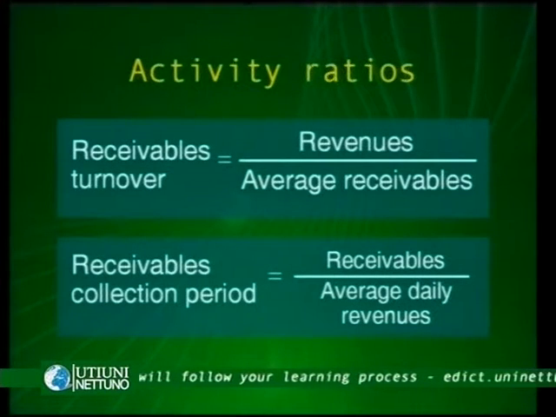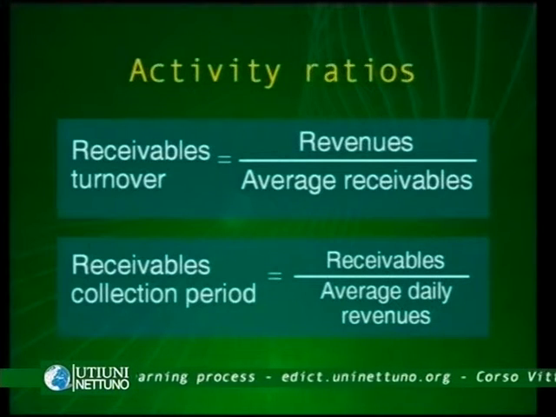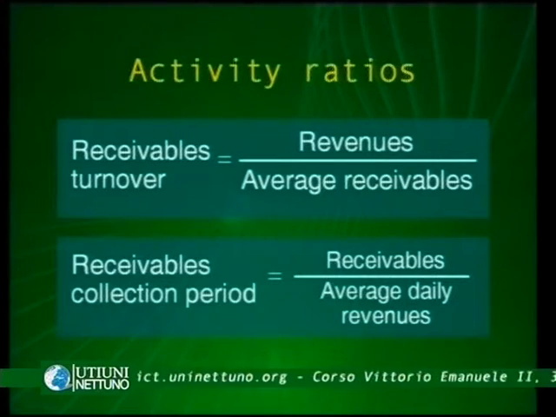This is a ratio expressing the effectiveness of the firm to manage the receivables. So it's a ratio related to receivable policy. And also in this case, you want a higher level of receivables turnover. So a high level of receivables turnover is desirable for higher project performance.